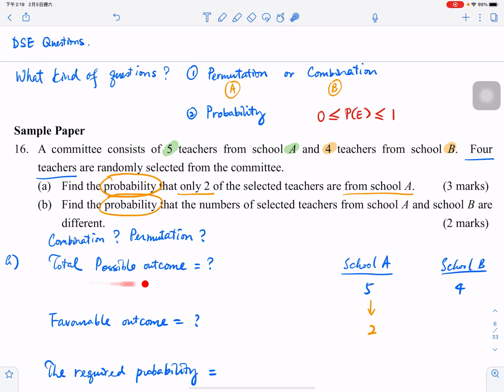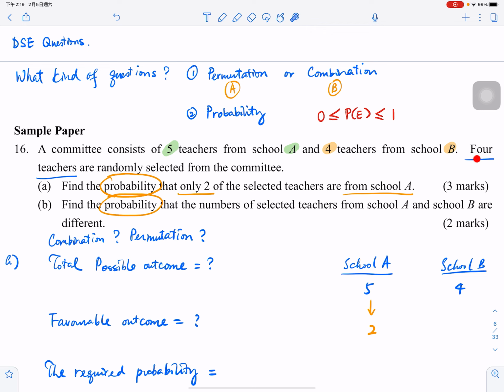What is the total possible outcomes? What is the favorable outcomes? Do you remember? Because for probability, you need to find the favorable outcomes as numerator and the total possible outcomes as denominator, right? So let's see. Now, only 2 of them from school A. So from school A, you need to choose 2 from these 5 teachers.